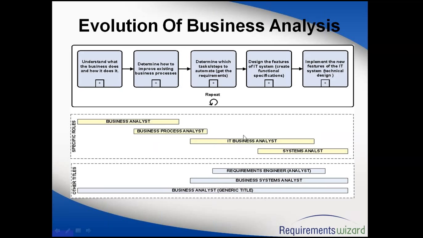And then you have the requirements engineer, business systems analyst, and the business analyst role. As you see, many of them, almost all of them, have some sort of overlap. But the course we have designed is mainly for the IT business analyst.